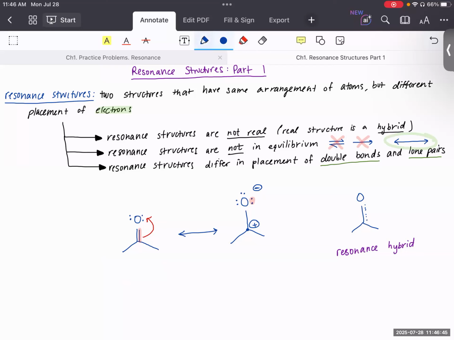And then from here, the last thing we have to do is add in the partial charges. In this state right here, we can see that the oxygen has a negative charge, so it's going to have a delta minus in the hybrid. And then the carbon below it is going to have a delta positive because it has a positive charge in one of the structures.